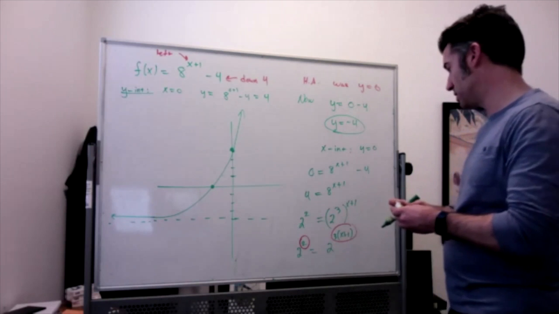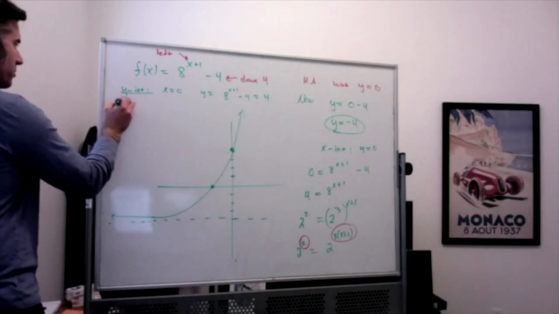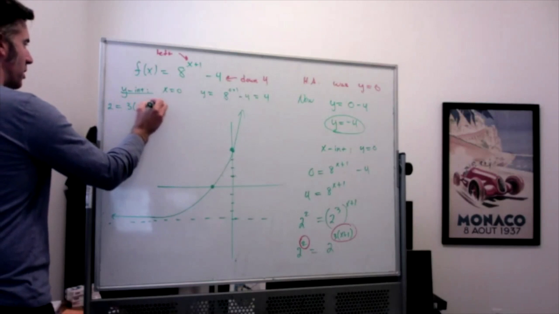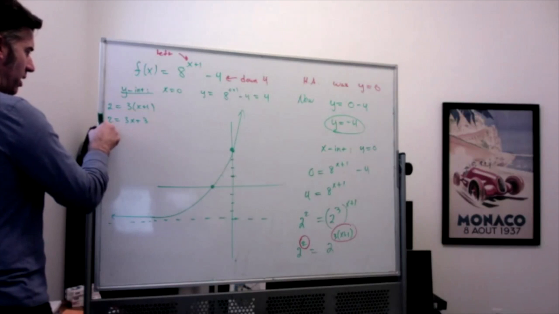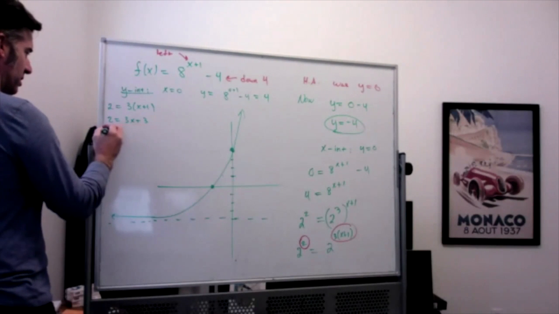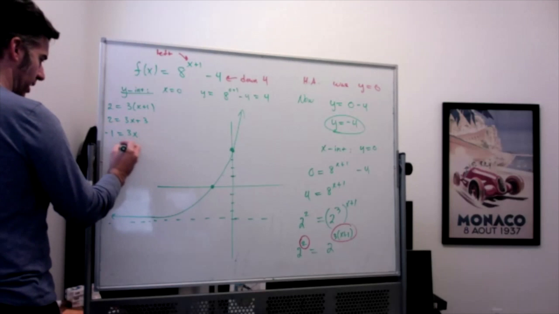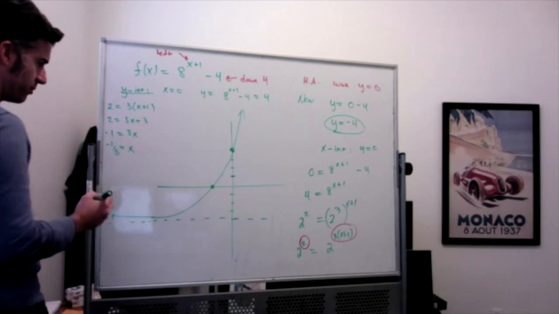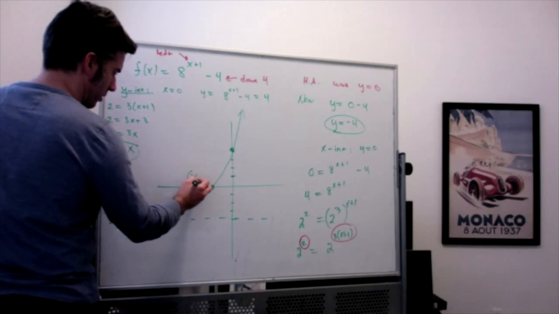So 2 equals 3 times x plus 1. Distribute the 3: 2 equals 3x plus 3. Subtract 3: 2 minus 3 is negative 1, equals 3x. Divide by 3 to get x equals negative 1/3. So this point right here is (-1/3, 0).